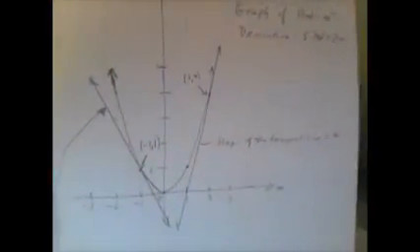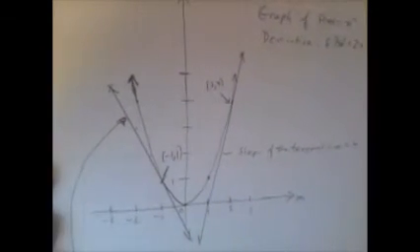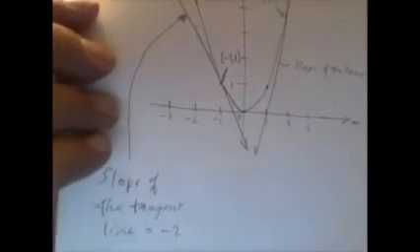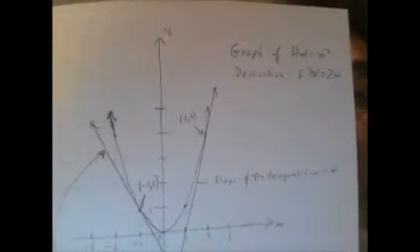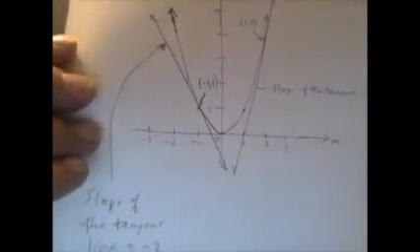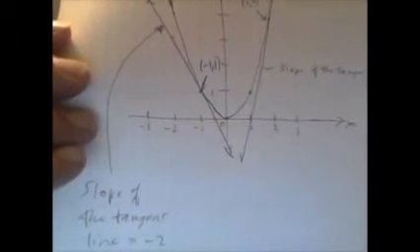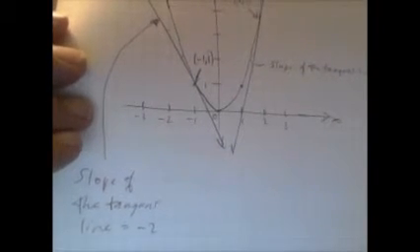And what we can see, and I've highlighted a couple of points, one of them being the point -1, 1. The derivative itself, as we talked about previously, is 2x. So at the point -1, 1, the derivative would be 2 times -1 or -2.